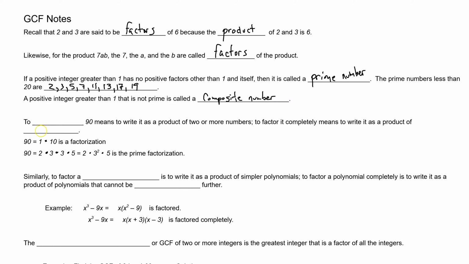To factor 90 means to write it as a product of 2 or more numbers. To factor it completely means to write it as a product of primes.